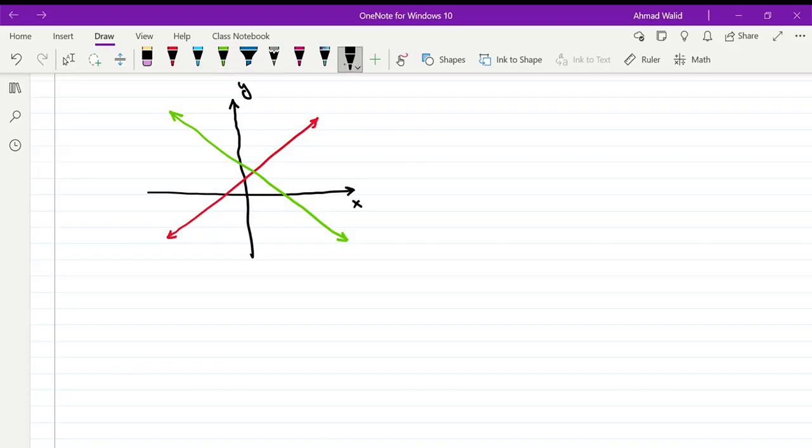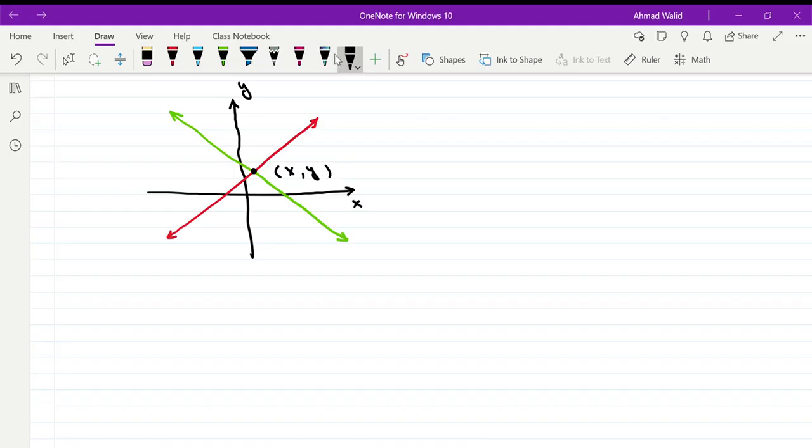If both lines meet each other at one point, you see the lines are intersecting each other in one point, correct? In this case, your system has only one solution, like example number 1, number 2, number 3, correct? You only get one solution.